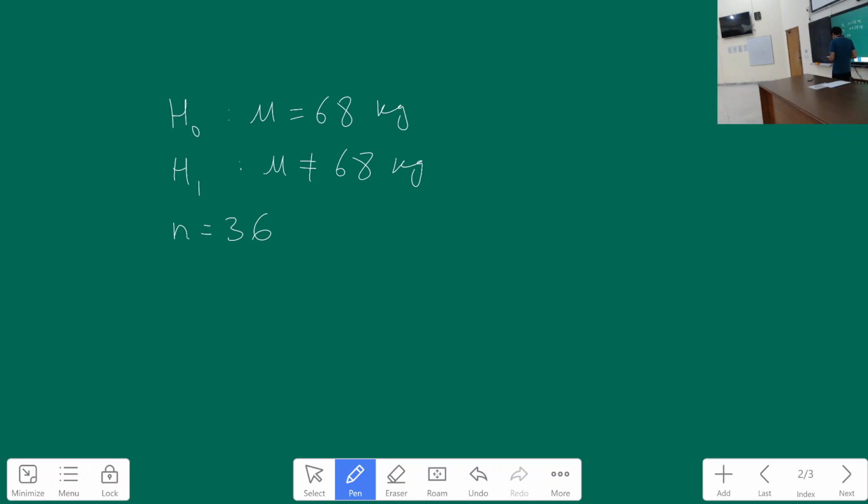of size 36. You measure or get weights of 36 male students on campus. Because in real problems you will have to set these: how many measurements to take, how many observations to take, and what range you have to set to be concluded to be correct. So let's say we set the range, the critical region, to be 67, 69.